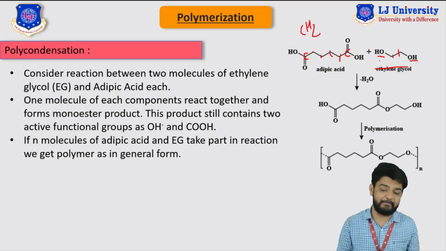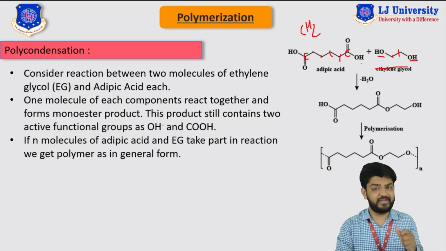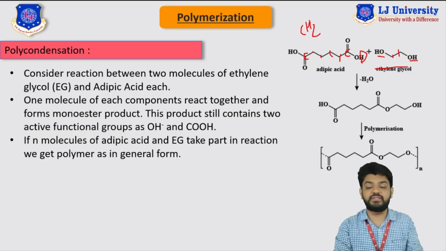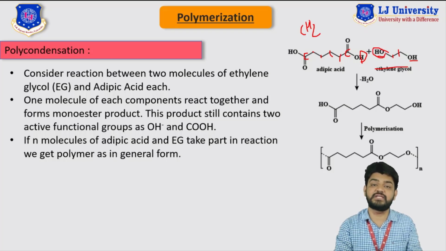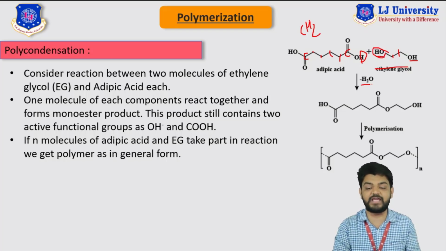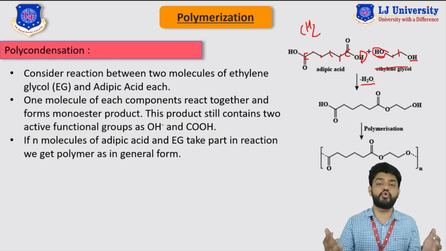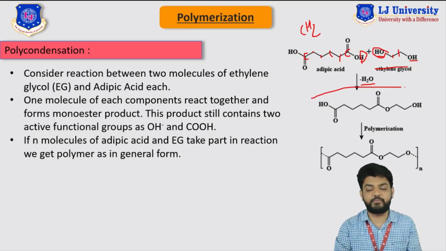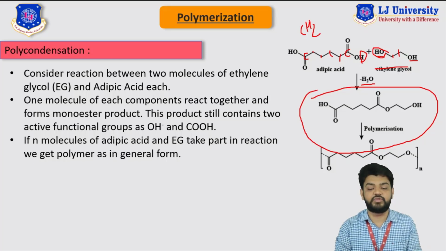So now let's see what happens here. This COOH group will leave its hydrogen, and it will link with the OH minus from the ethylene glycol and produce one H2O. So both monomers will combine together, or we can say condense together via this functional group, producing the product like this. You can see we have COOH at this end and these are the 4 CH2 of adipic acid, right?